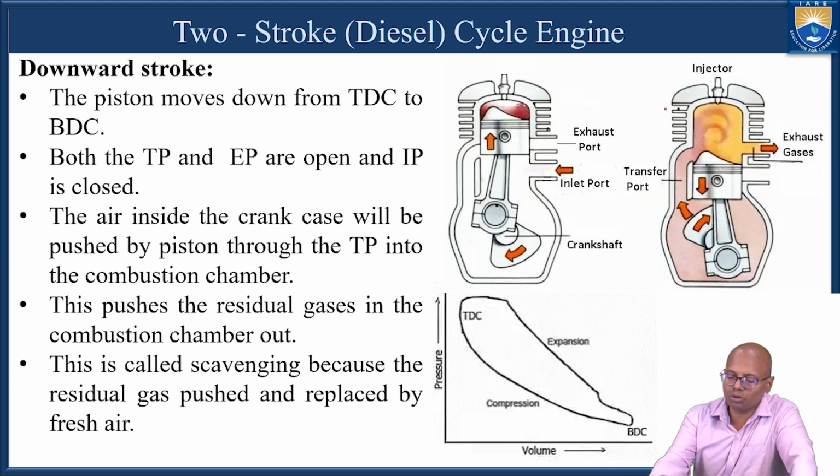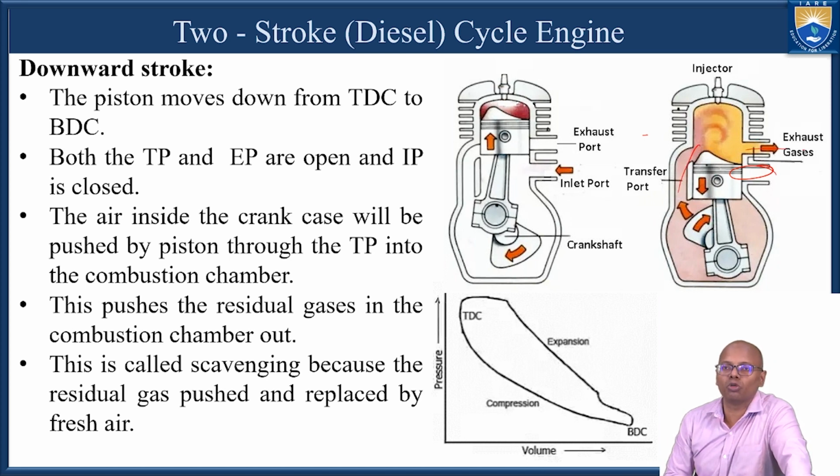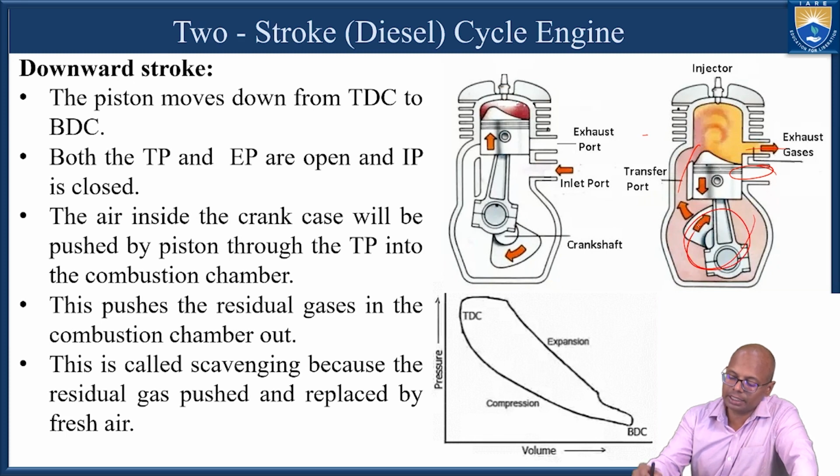During the downward stroke, the inlet port will be closed and the transfer port and exhaust port will be open, and the fresh gases that were taken in the previous cycle will be transferred through the transfer port to the engine, and it will scavenge the exhaust gases into the atmosphere.